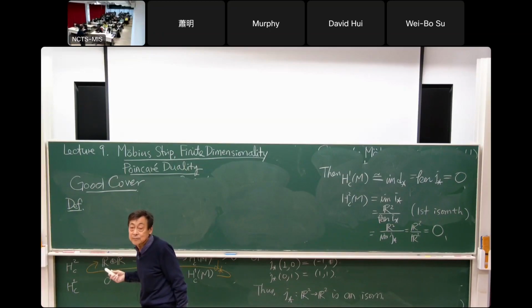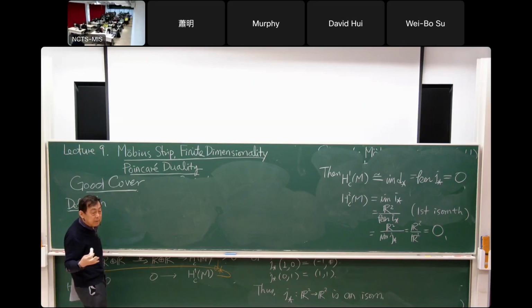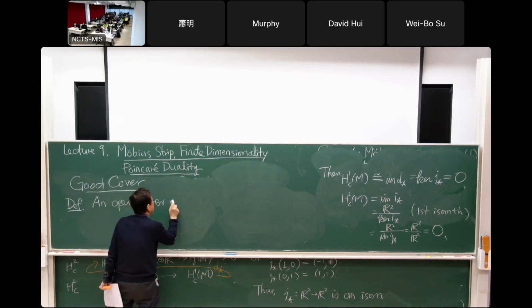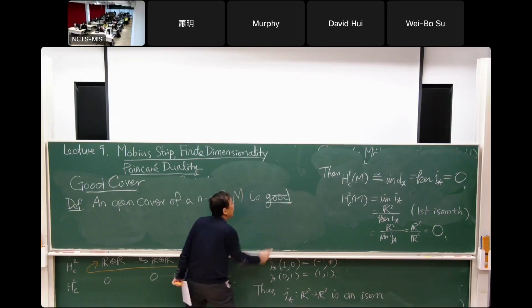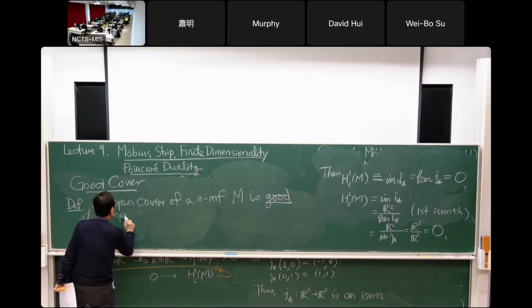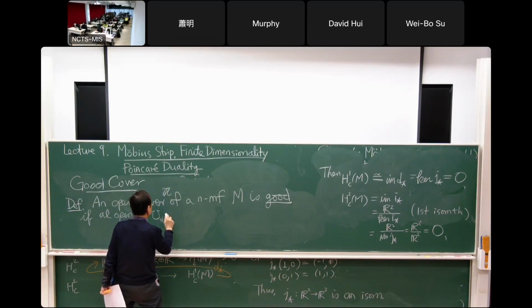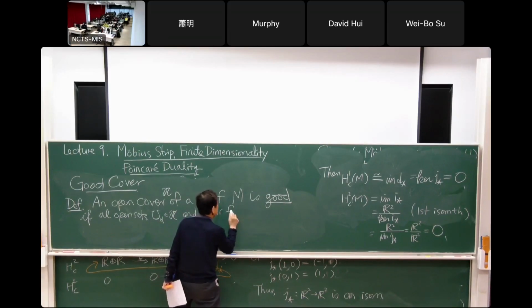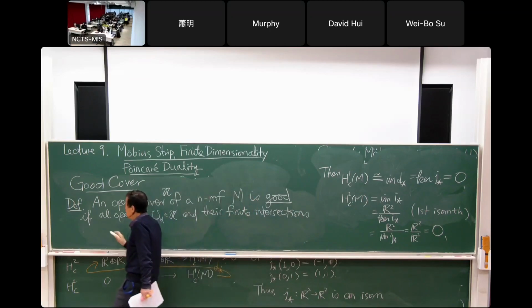An open cover of a manifold M is good if all the open sets U alpha, and all their finite intersections, are diffeomorphic to Rn.